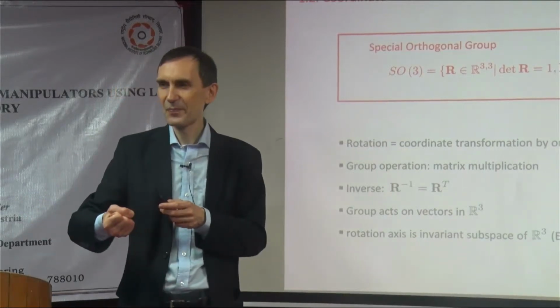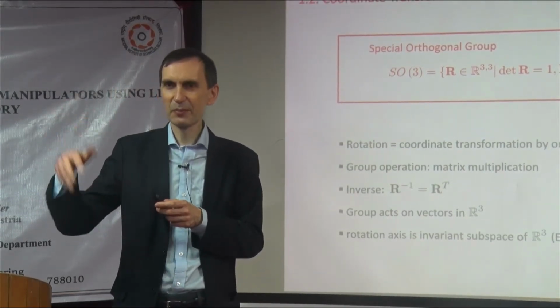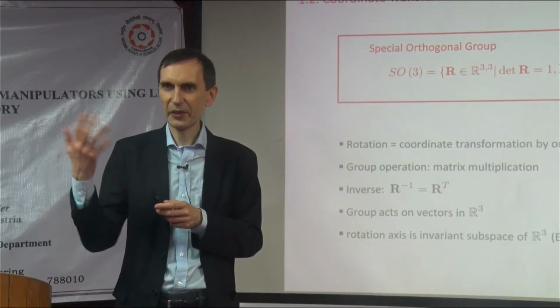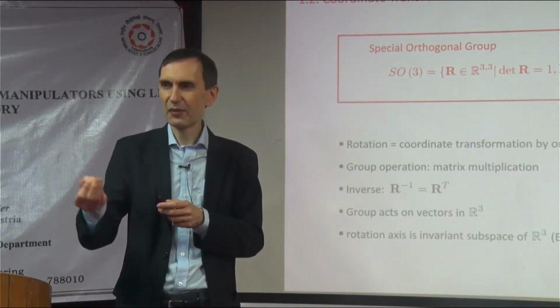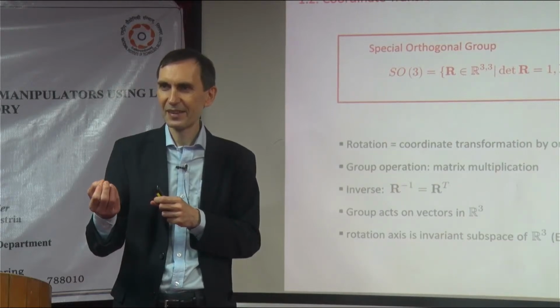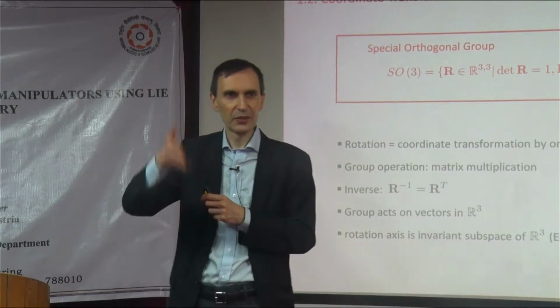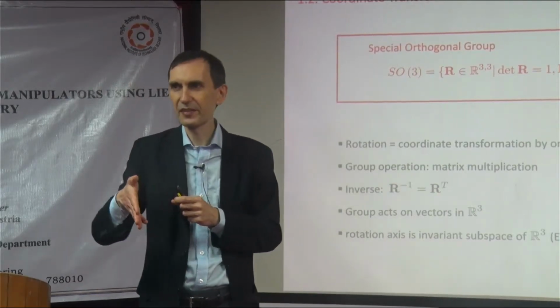Which vector is it? Don't think too complicated. We are talking about kinematics. So which vector stays invariant when you're rotating? Exactly, the rotation axis. So the vector x is any vector along the rotation axis.